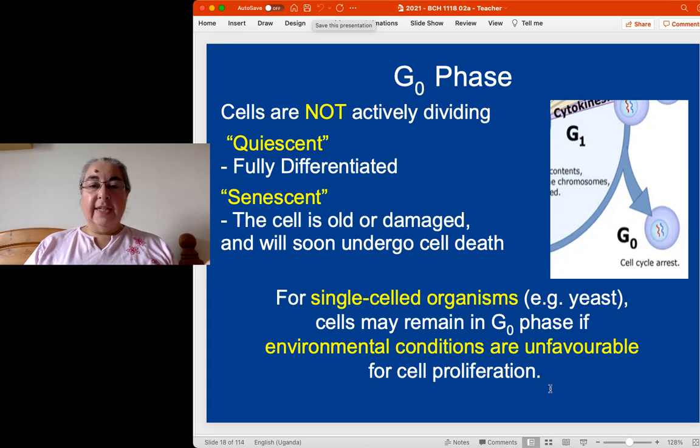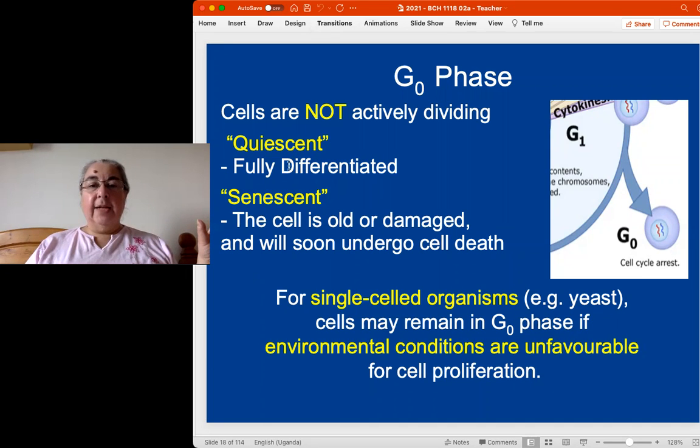So if a scientist then comes and adds some sugar to that solution, so the yeast has something to use as a food source, as a carbon source, very quickly those cells will come out of G0 phase and re-enter the cell cycle. So G0 isn't always an end point.